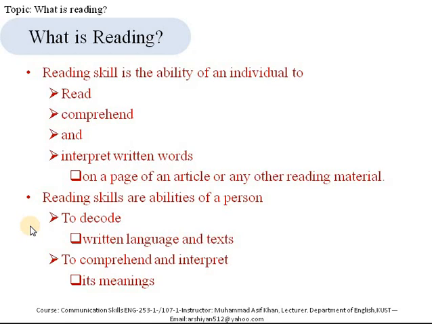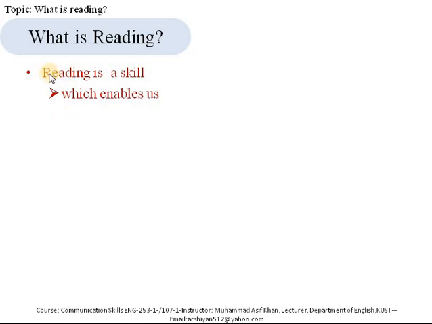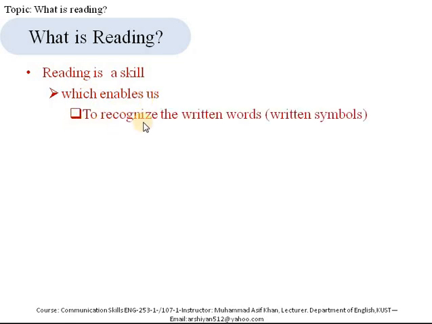So basically, reading is an active process of constructing meanings of words. When we are reading, we are decoding and interpreting the meanings. So reading skill is the skill which enables us to recognize the written words or any written symbol which we have. When we recognize those written words or symbols, then comes the part of understanding the meanings which are hidden in those written words.